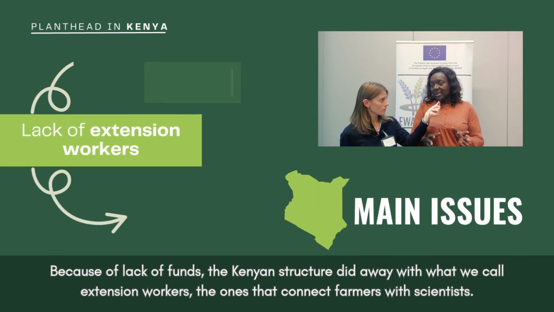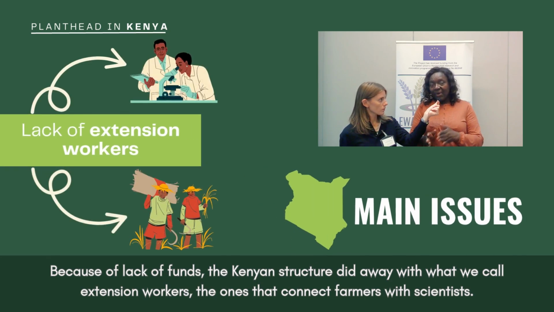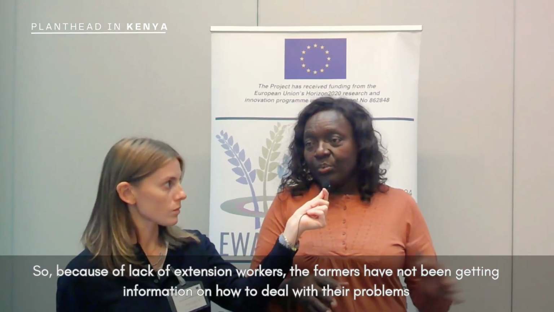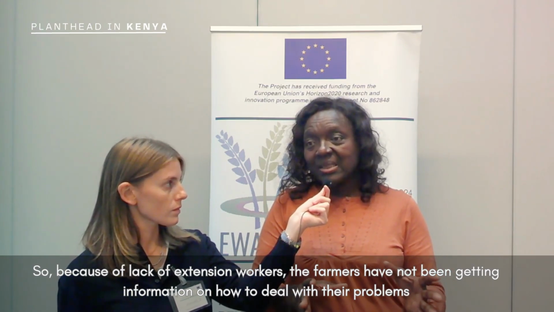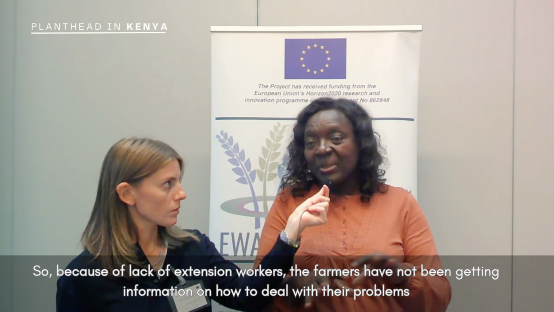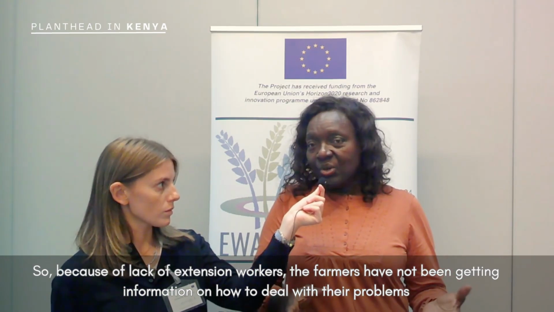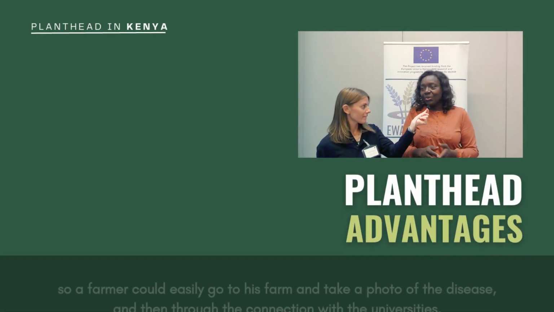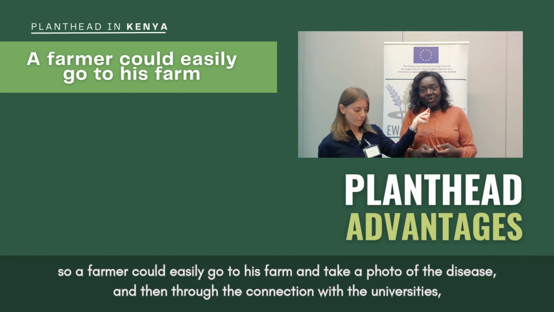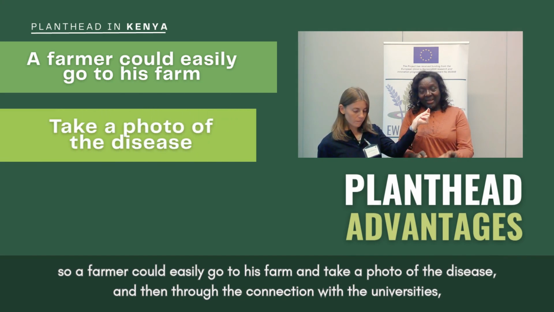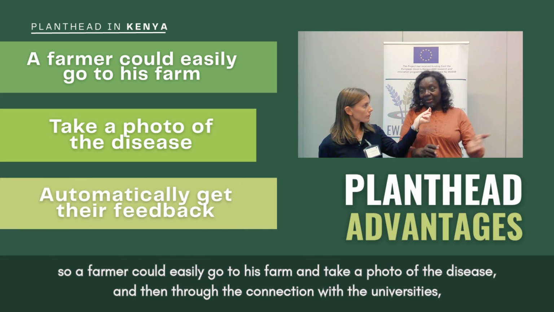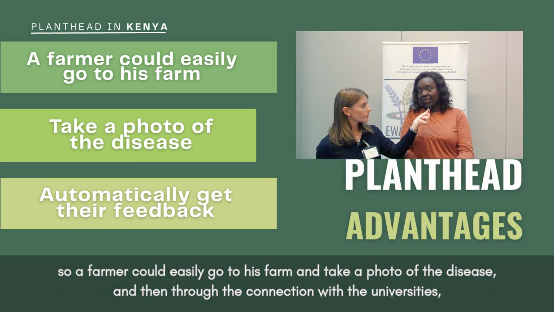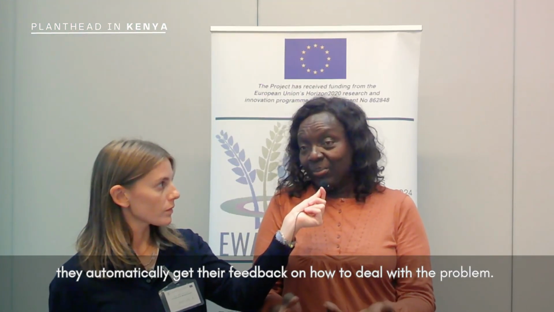And the extension workers are the ones that connected farmers with scientists. So because of lack of extension workers, the farmers have not been getting information on how to deal with their problem. So a farmer could easily go to his farm and take a photo of the disease, and then through the connection with the universities, they automatically get their feedback on how to deal with the problem.